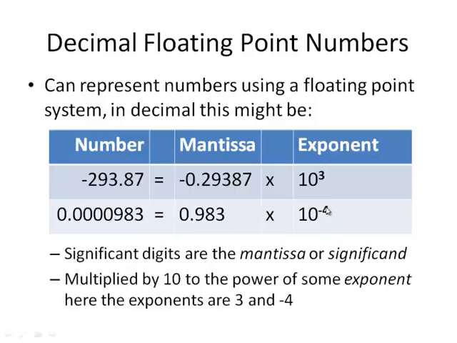We can think of this minus 4 as moving the decimal point 4 places to the left. So it goes from being 0.93 to 0.093, 0.00, 0.000, and then we get our correct result, move the point 4 places to the left, 0.0000983.